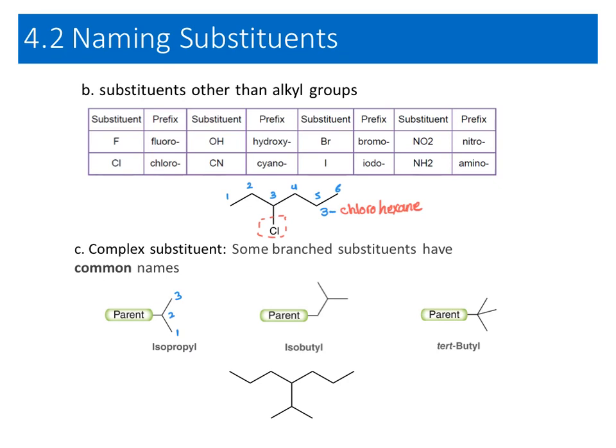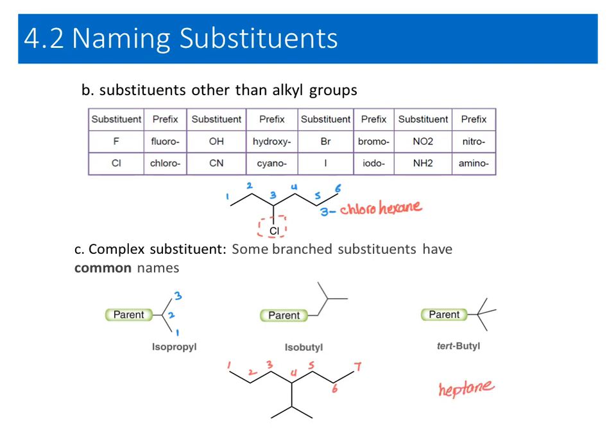Let's identify the parent chain first. We can count through different pathways, but the longest chain would be this one, which gives me 1, 2, 3, 4, 5, 6, 7 carbons. So it is heptane.